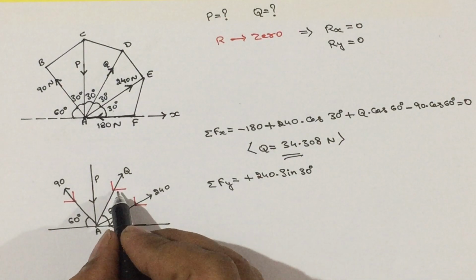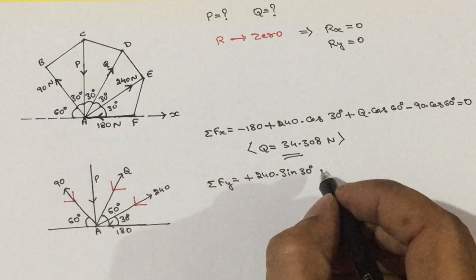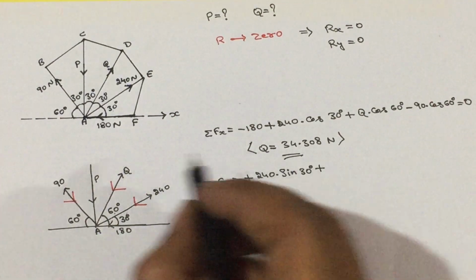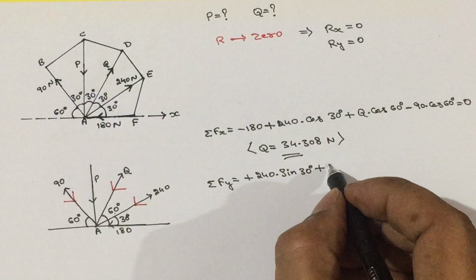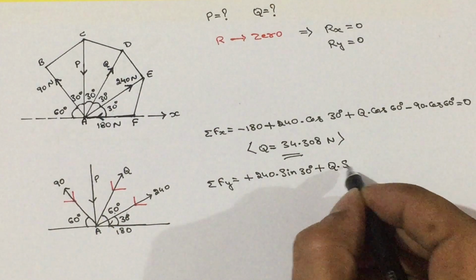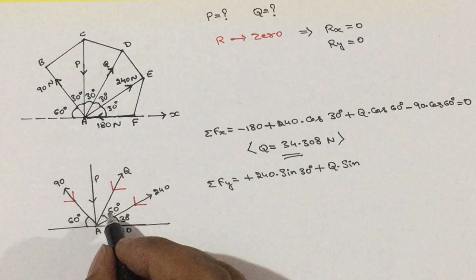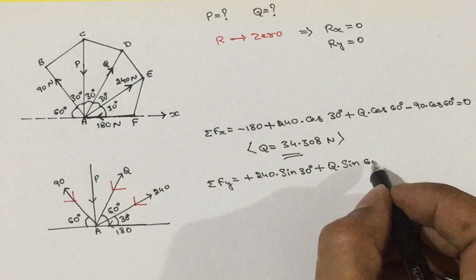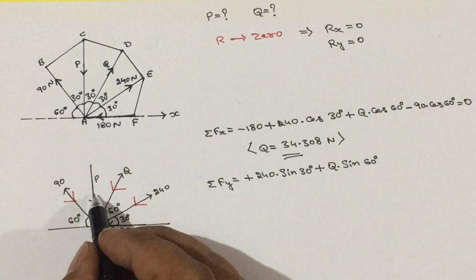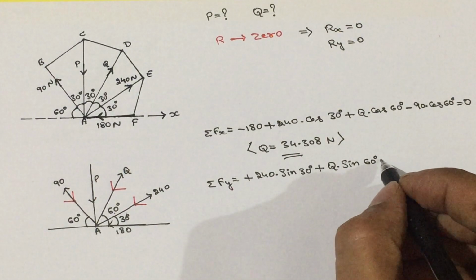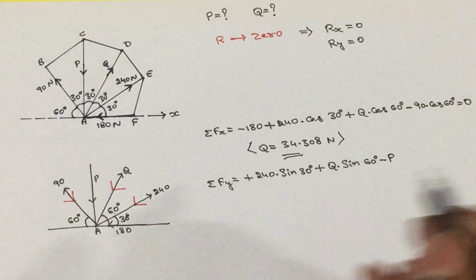Then for Q, vertical component moving upward, plus, F sin theta, that is Q into sine of, how much is the horizontal angle? 60 degree. Then the vertical force is moving downward, so minus P.